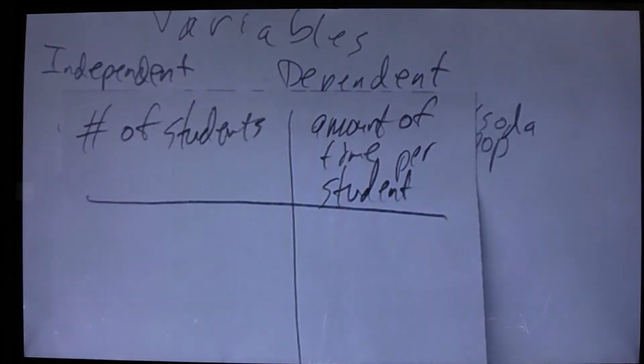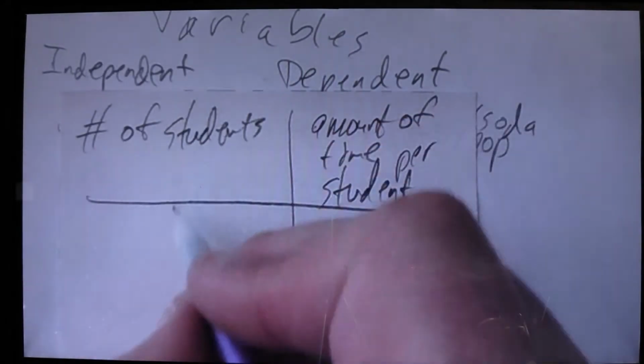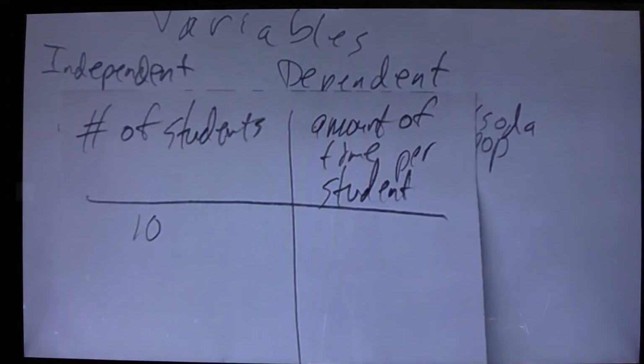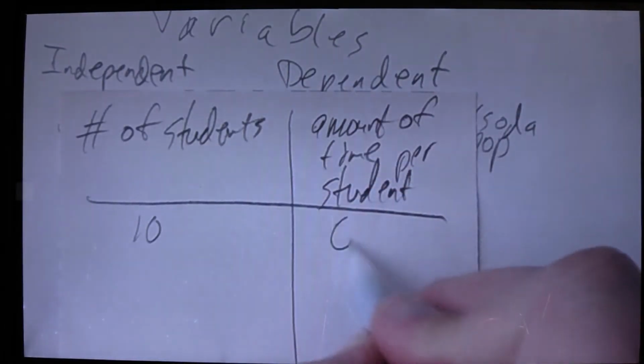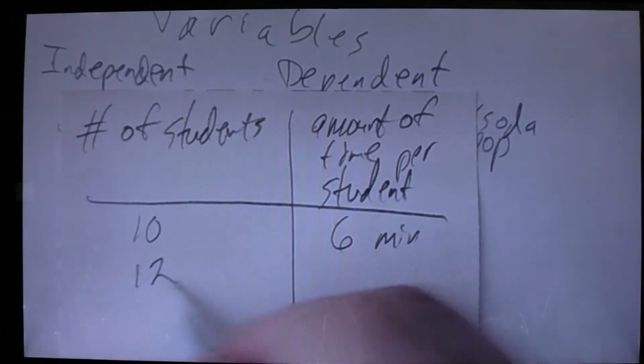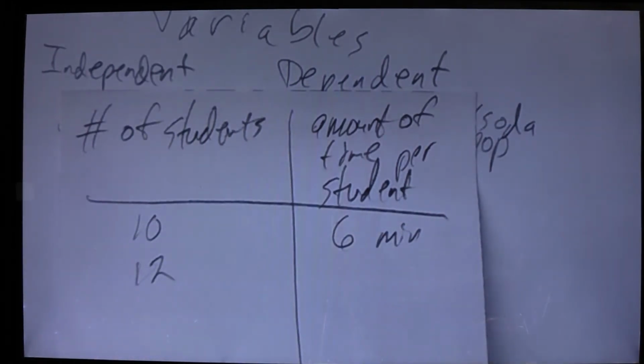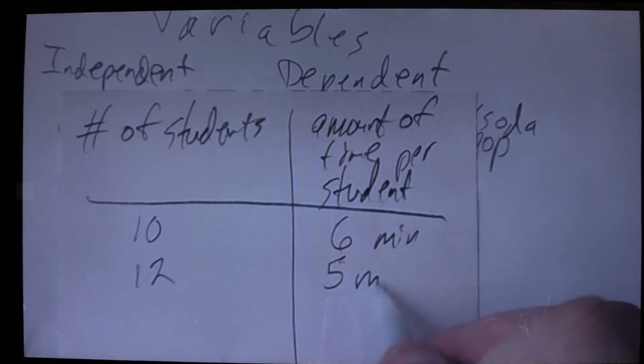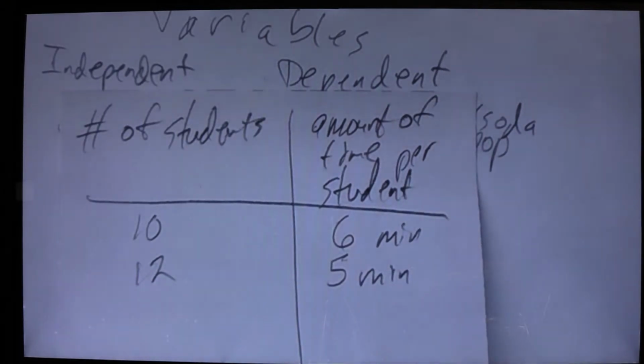Let's say that if I have just 10 students that I'm working with in an hour, then I can roughly spend about 6 minutes per student. If it turns out that I have 12 students in an hour, then I'm only going to be able to work maybe 5 minutes with each student.